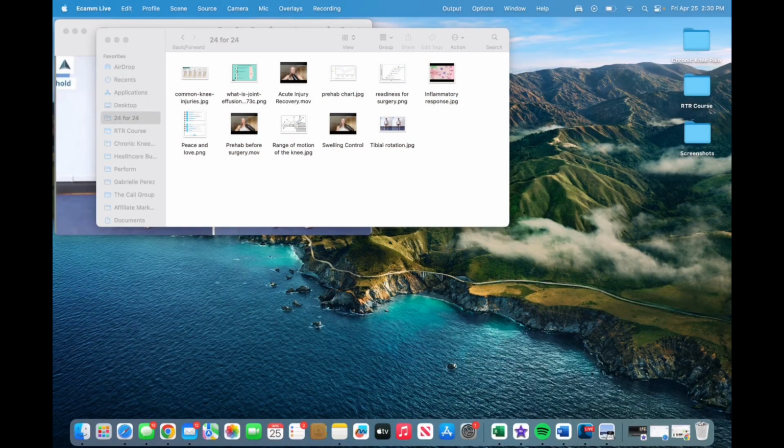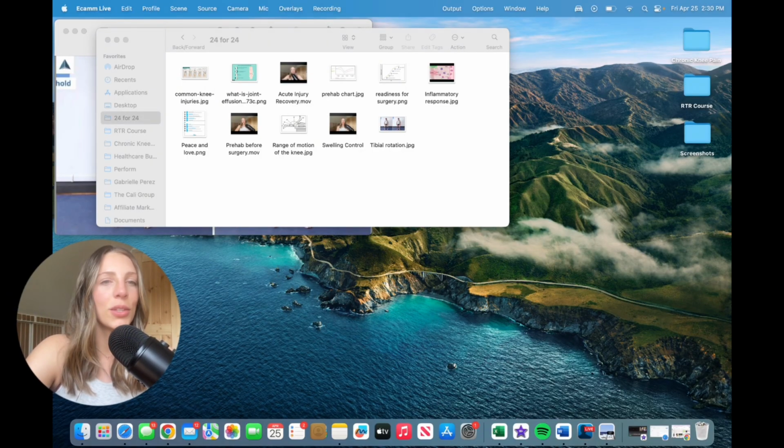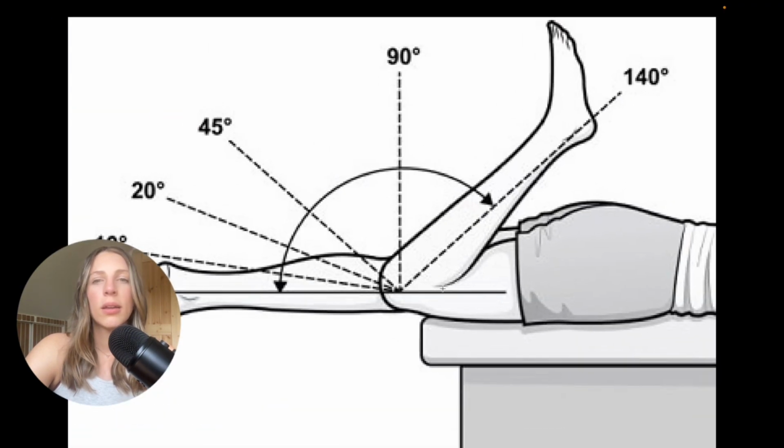So let's first look at the range of motion of the knee into flexion and extension. I'm going to share my screen here. And this is what you're most commonly used to hearing about, these ranges of motion here. So full knee extension is that 0 degrees.